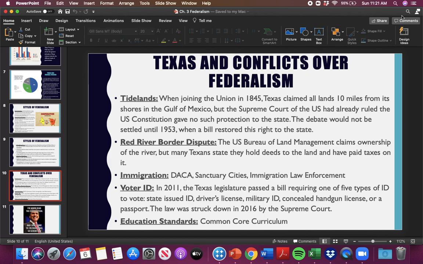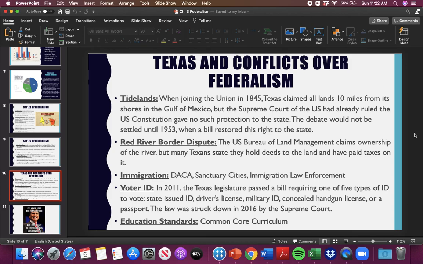Now, these are some of the conflicts that Texas has had with the federal government throughout our history. When we joined the United States in 1845, Texas claimed all of the land off its coast up to 10 miles from its shores. So this stretched 10 miles into the Gulf of Mexico.